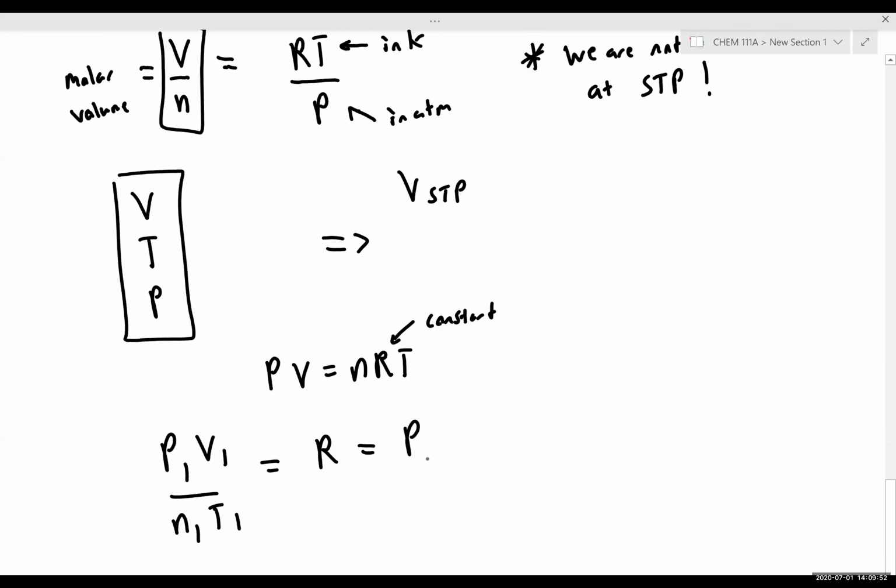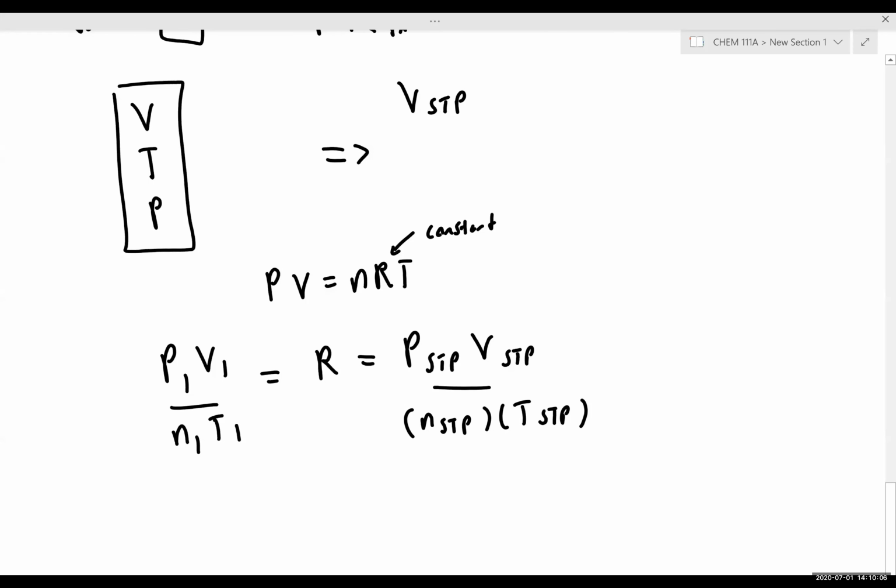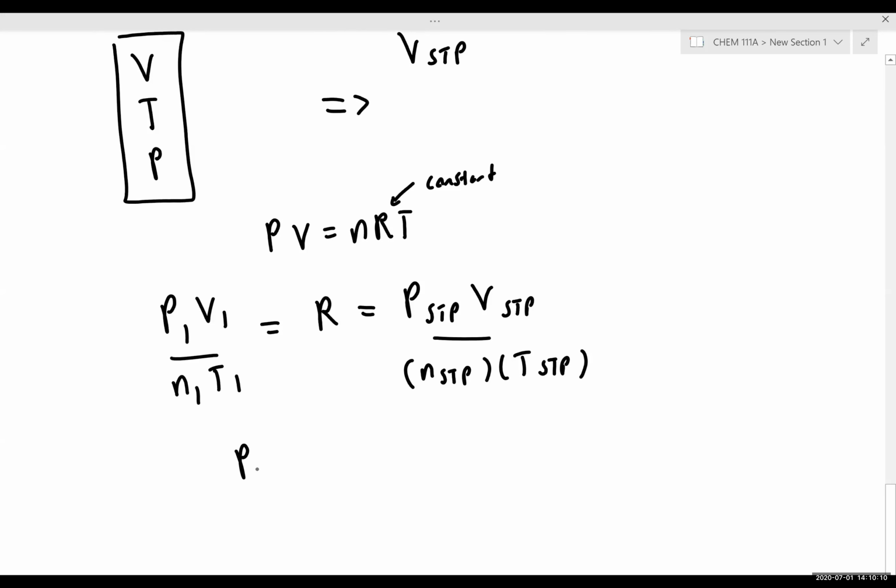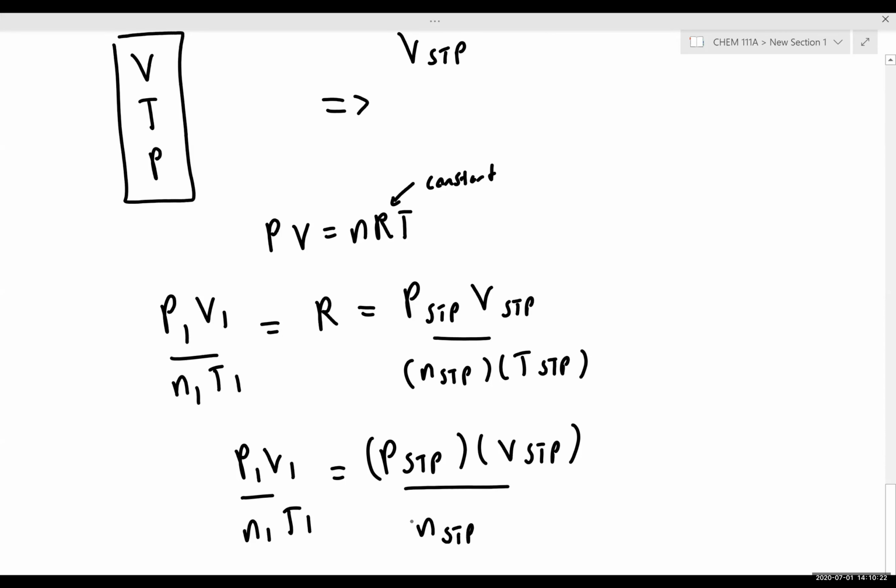Likewise, the pressure at STP times the volume at STP over the moles at STP times the temperature at STP is also equal to the constant R. So we can relate these two quantities and say that P1V1 over n1T1 is equal to the pressure at STP times the volume at STP over the moles at STP times the temperature at STP.